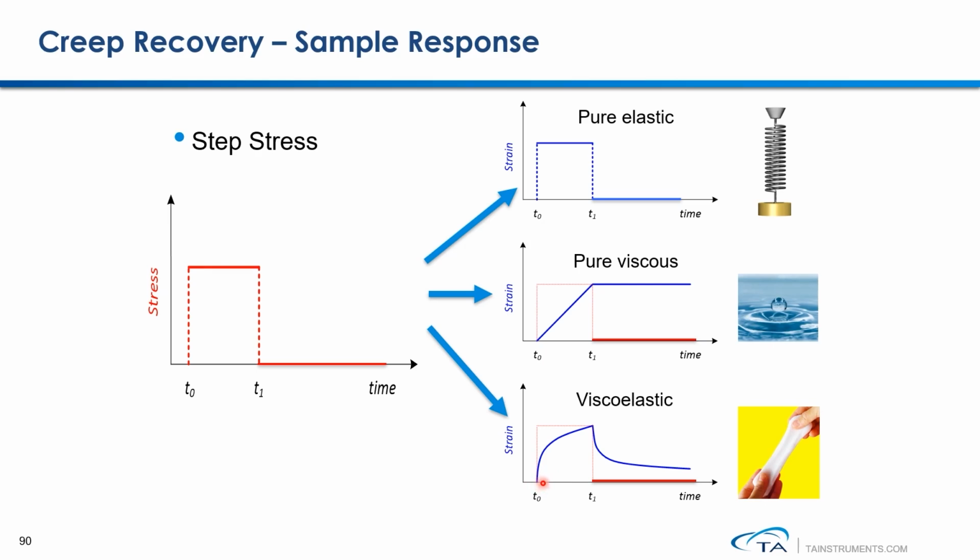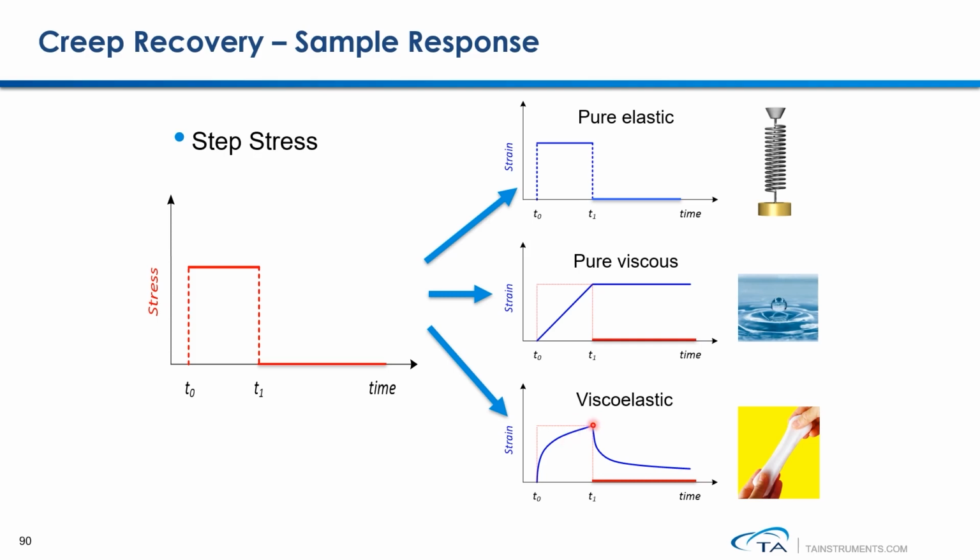Gradually, the change in strain curves off and eventually reaches a straight line relationship. When the strain change follows this straight line, that tells you that the sample is already reaching steady state. This portion correlates to your sample's viscous response.